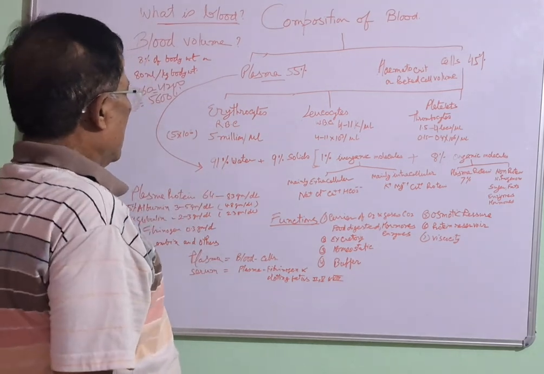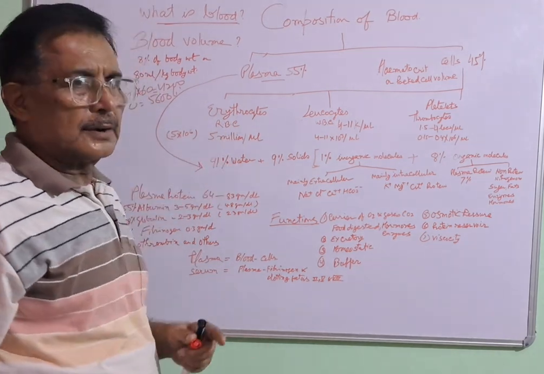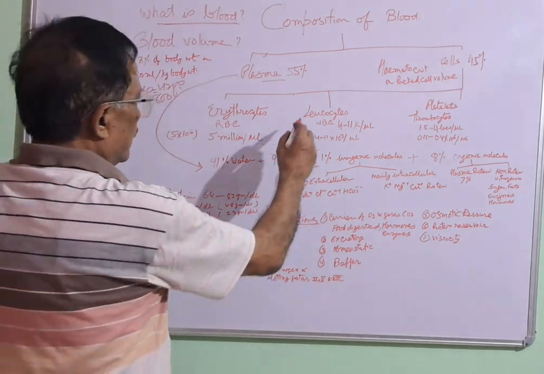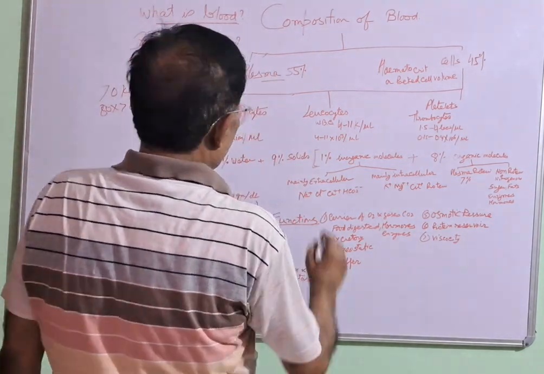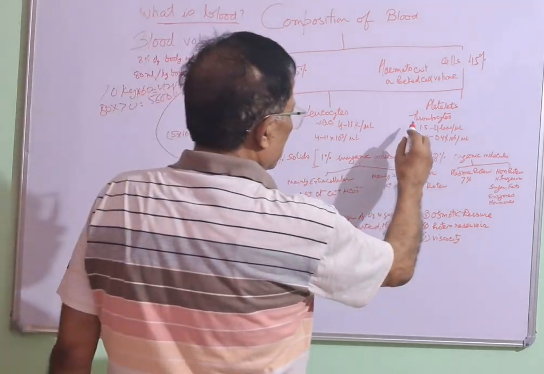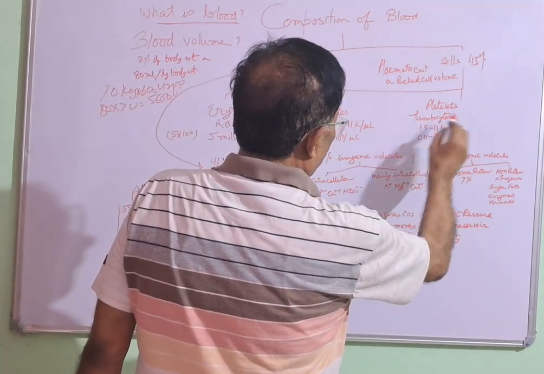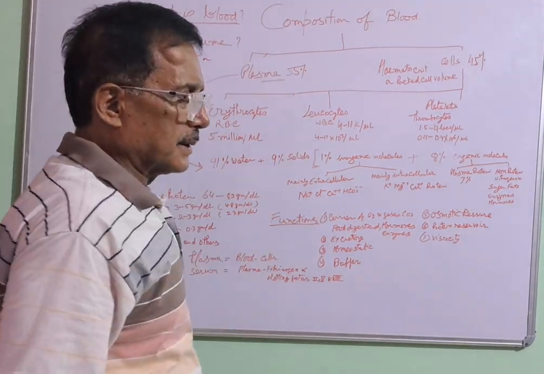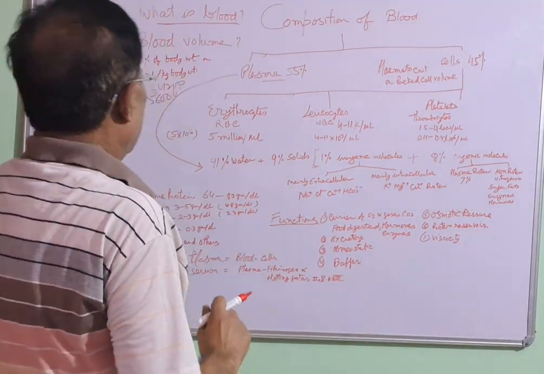Erythrocytes, red blood cells or red blood corpuscles. Second is leukocytes, WBC or white blood cells. And third is thrombocytes or platelets. These three types of cells are present in blood.